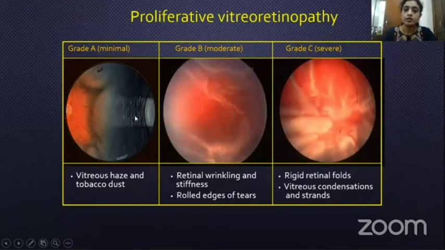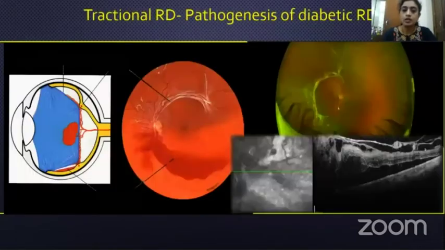PVR classification: this is grade A, grade B, retinal wrinkling with rolled edges of the tears, and there will be rigid retinal folds with dense vitreous condensation and strands. Coming to tractional retinal detachment, which will be dealt with in the next talks, the main pathogenesis here is fibrovascular proliferation due to extensive neovascularization.